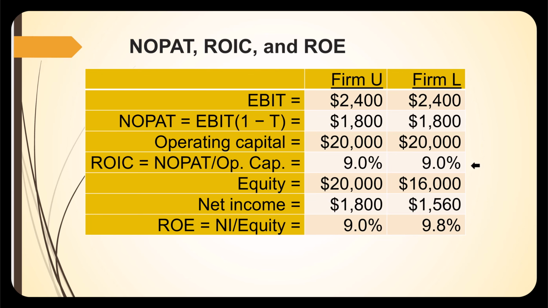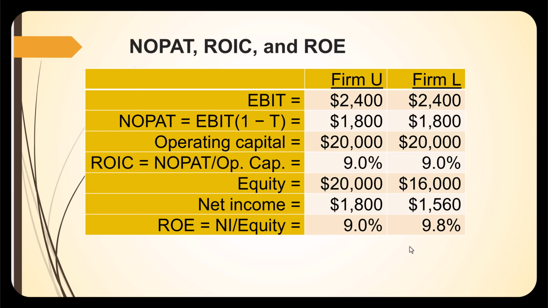So how much debt we have has no influence on the returns on the amount of capital we've invested. But we do know that equity and net income are different. So for a levered company, they are going to have a higher return on equity than a company without debt.